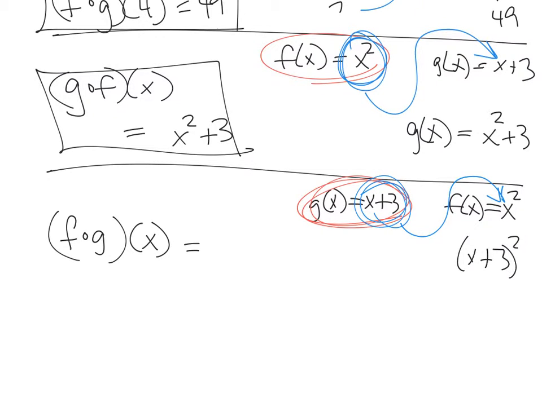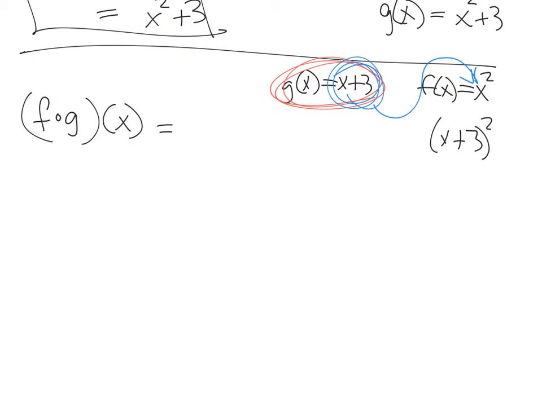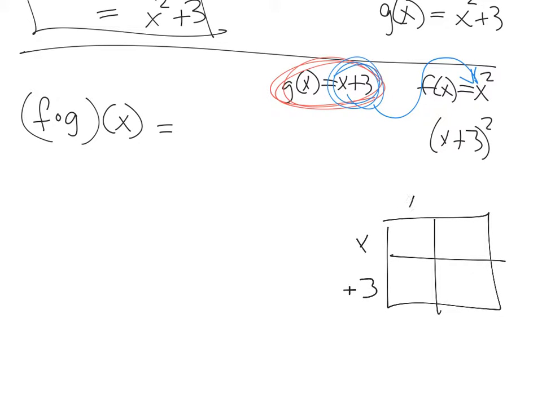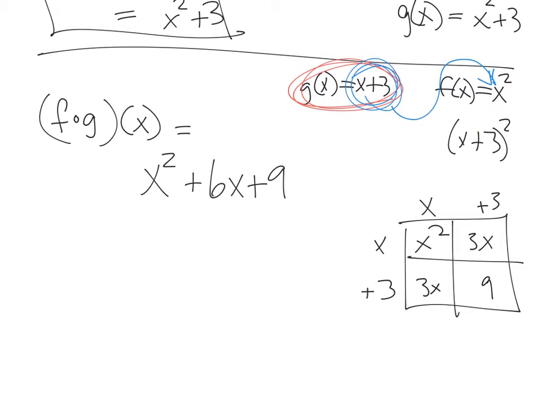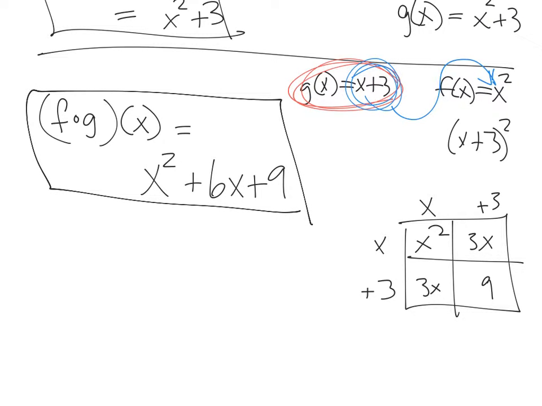Now, for x plus 3 squared, you're going to have to do the box. x plus 3, x plus 3: x squared, 3x, 3x, 9, and so you end up with x squared plus 6x plus 9. I went pretty fast there, so you might have to pause the video and figure out how I got that. But basically I used the box method, I added my middle terms, and that's how I got my answer.